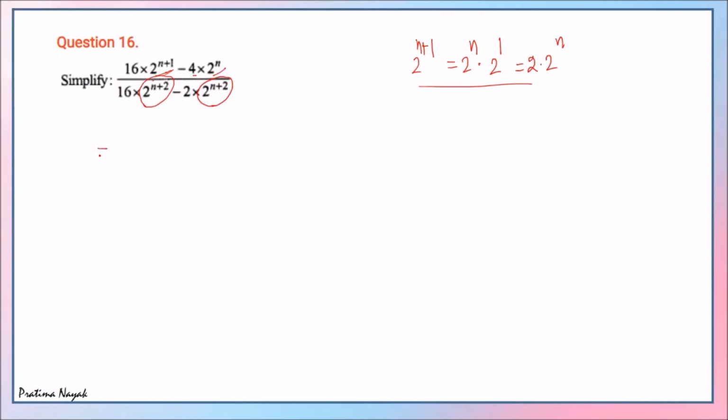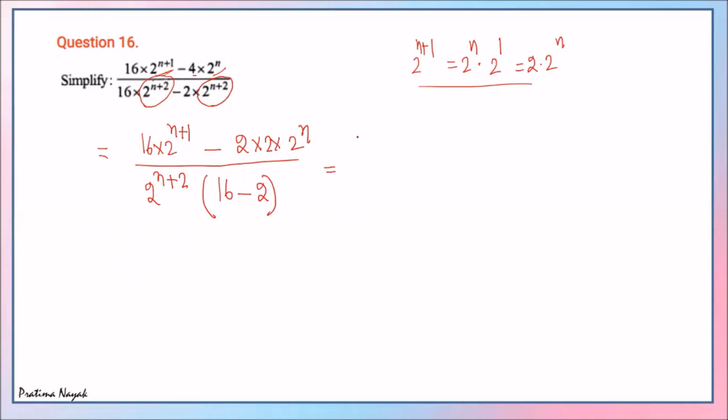So what I am doing, I am writing the numerator as 16 into 2 to the power n plus 1 minus this 4, which I am making as 2 into 2, 2 to the power n. 4 I wrote as 2 to the power 2. At the same time, in the denominator, I am taking 2 to the power n plus 1 as a common factor outside. In the first term only 16 will remain, and in the second only 2 will remain.